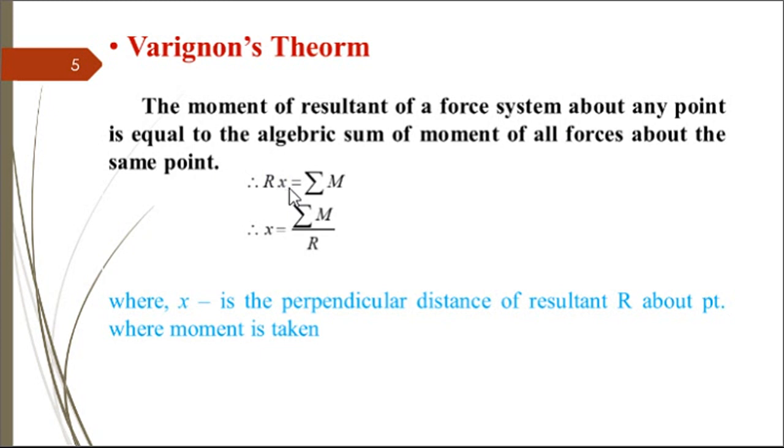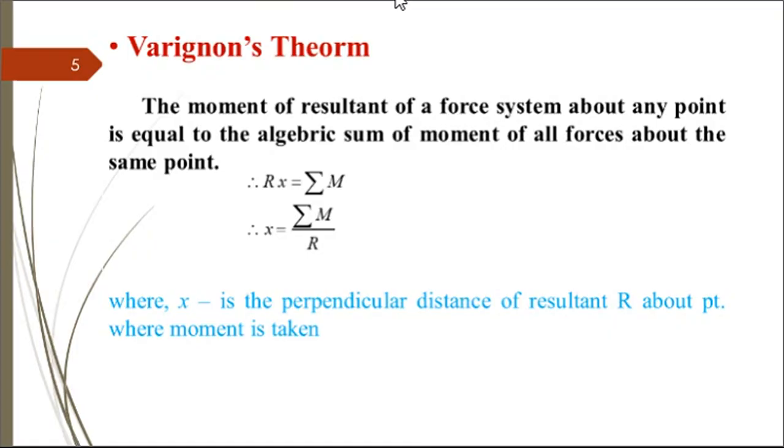So R into X, the moment caused by the resultant, is equal to the algebraic summation of moments of all the forces about the same point. It means R into X is equal to summation of M. So X is equal to summation of M divided by R, where X is the perpendicular distance of the resultant R about the point where the moment is considered.